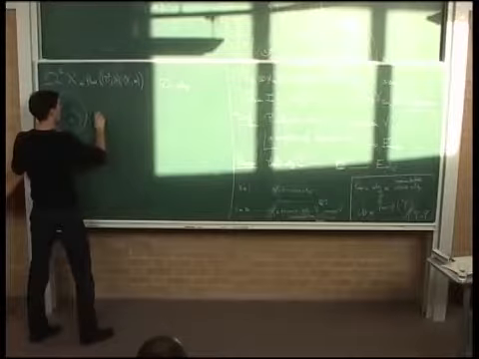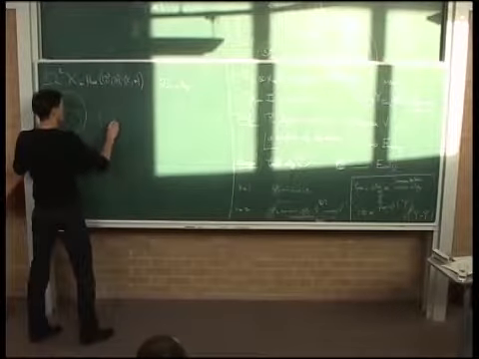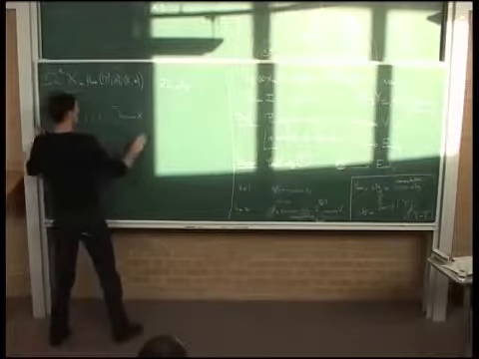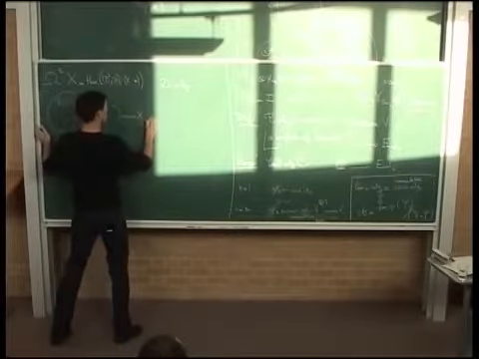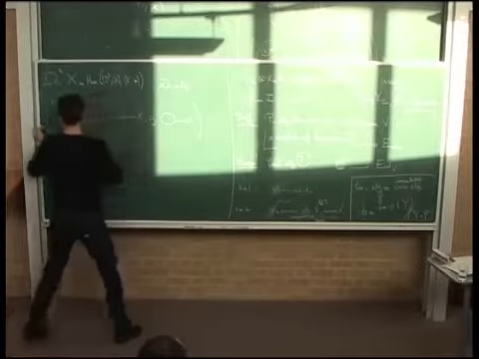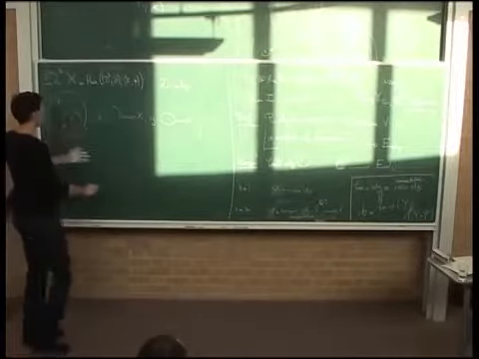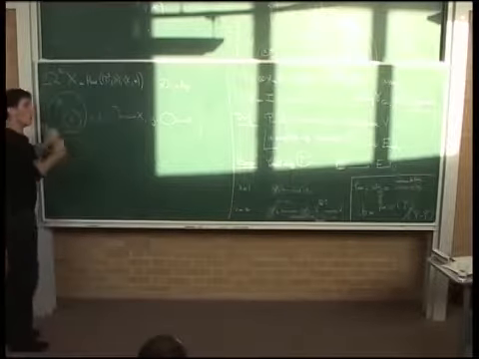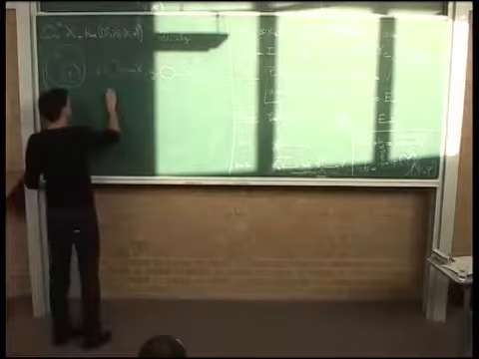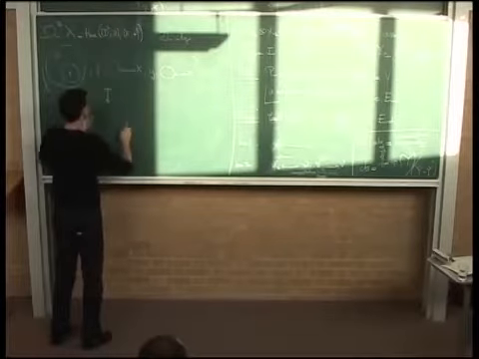So I need one map F from the disk to X, and I need another map, say G, which goes from the disk to X. And I claim that this operation can act on that to produce one new double loop space. How do you do that? What is the action of this guy on these two guys?